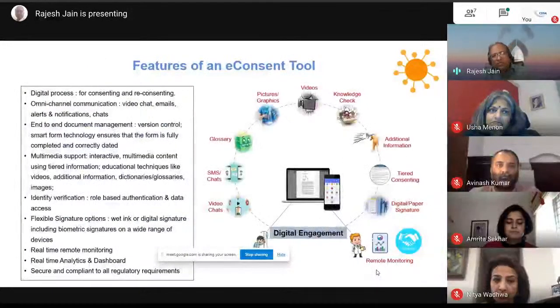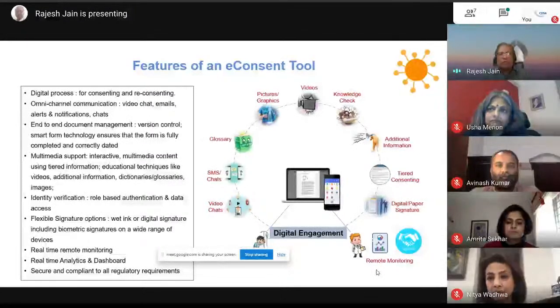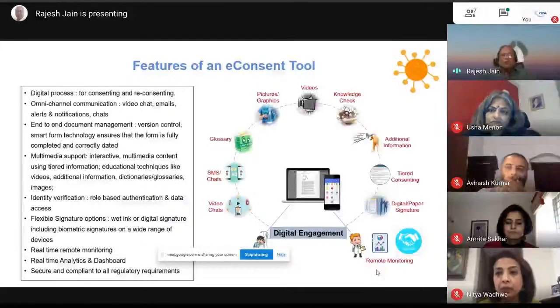So, what are the typical features of e-consent technologies? Number one, of course, it has to present itself as a technology friendly system, which means this platform should be web friendly, so I can use it on my desktop or laptop. It should be iPad friendly, or mobile friendly. That's the first thing. And why do we need that?